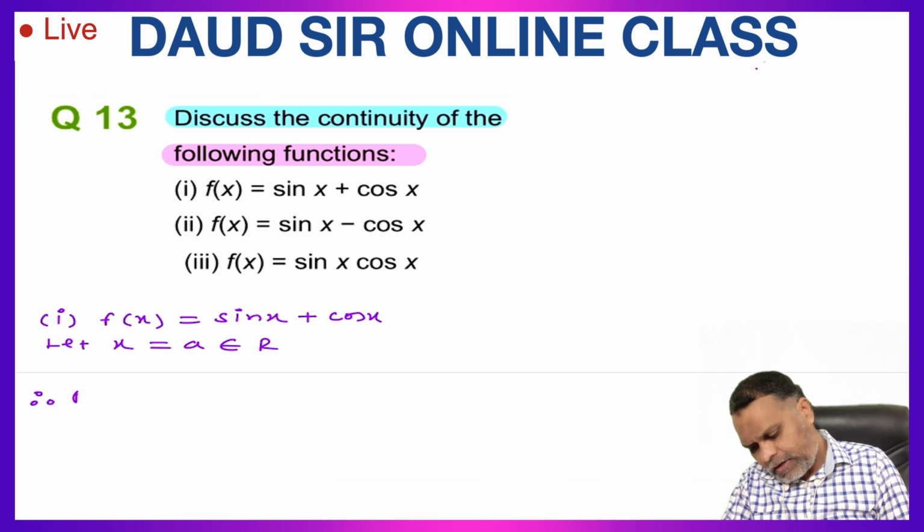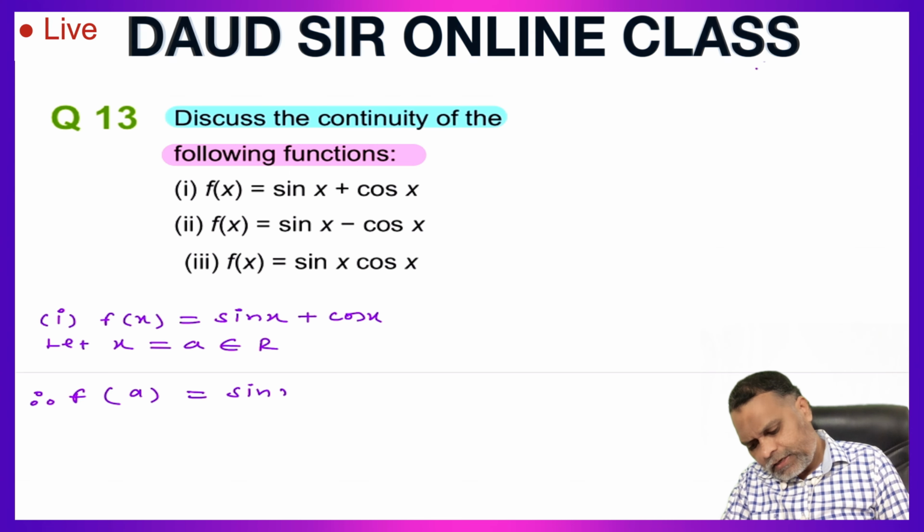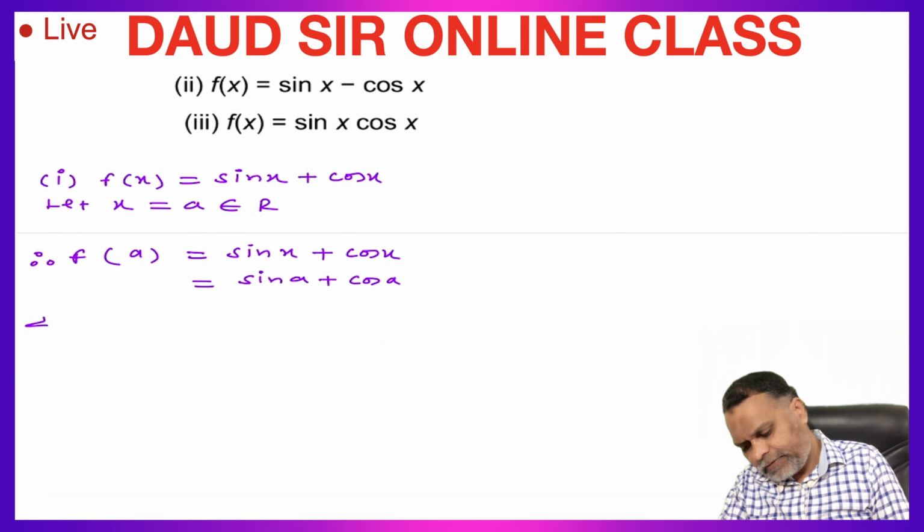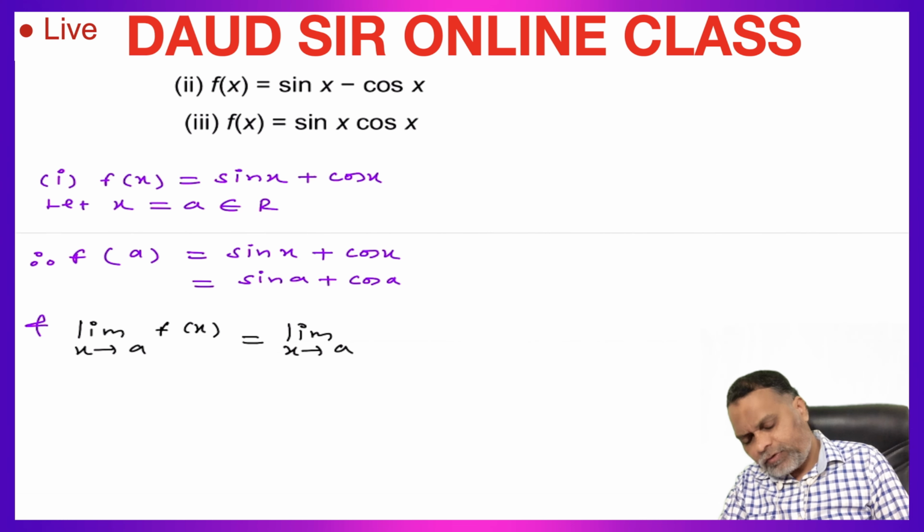Therefore, f of a is equal to sin x plus cos x. Substitute x is equal to a, sin a plus cos a, and calculate the limit at this point, limit x tends to a, f of x is equal to limit x tends to a, sin x plus cos x.